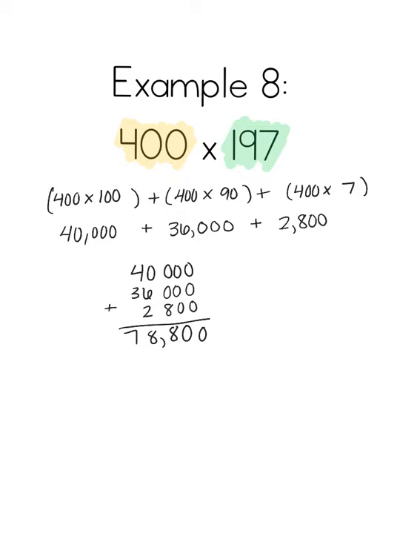And our final product should have been 78,800. So the process for multiplying with the distributive property is the same for larger numbers. You just have to break it up into more groups of parentheses.